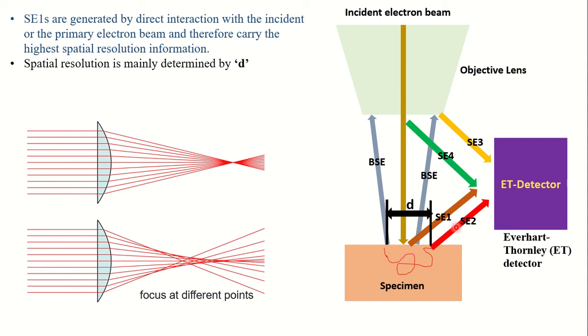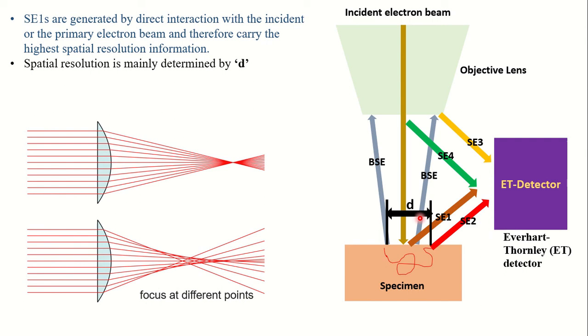So these SE2 are part of this multiple scattering, and they will make the image poorer because they provide a poor spatial resolution. This spatial resolution is mainly determined by this range, which is designated by this distance d.